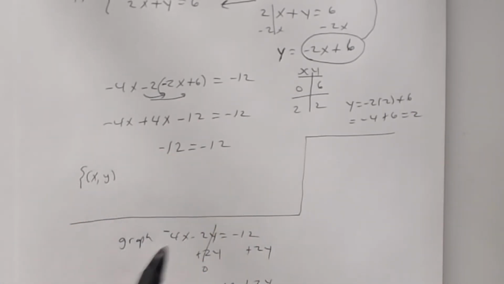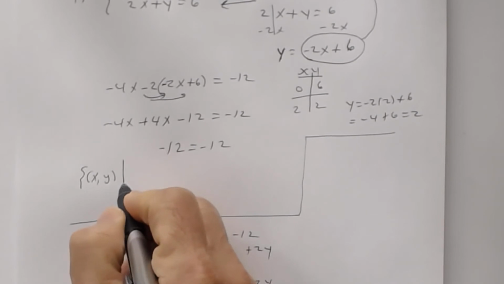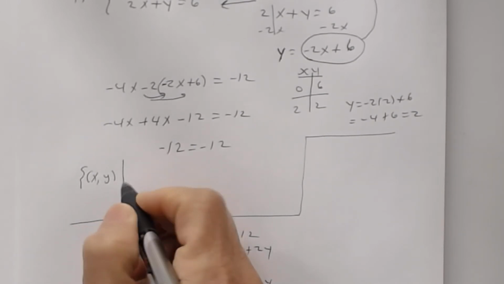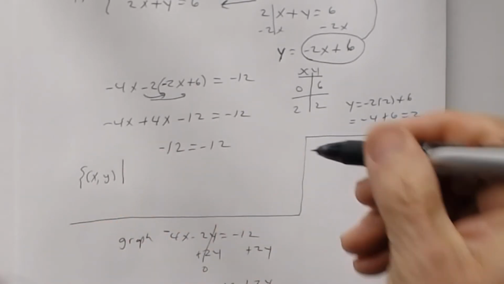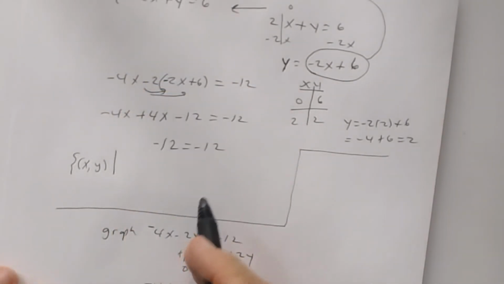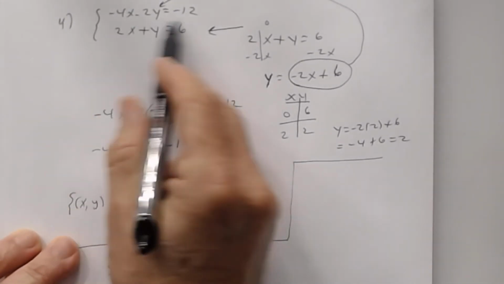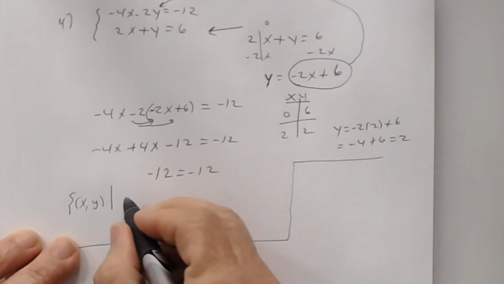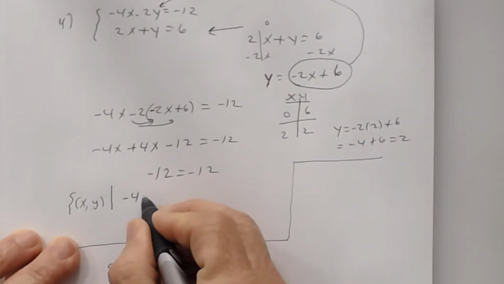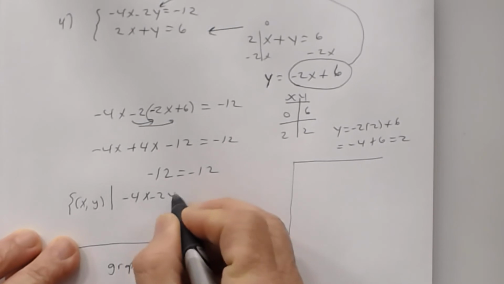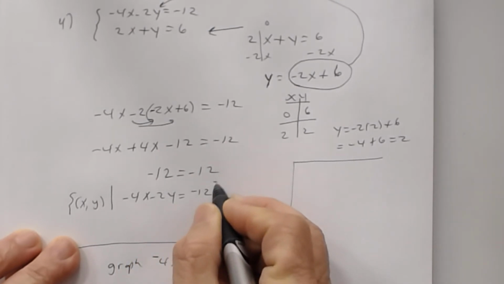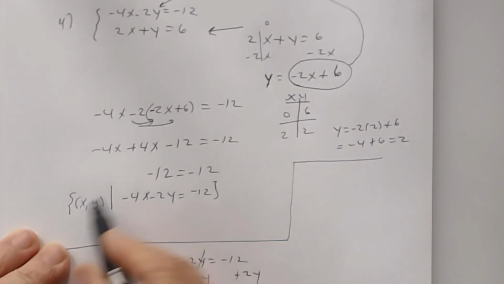So a set of ordered pairs x, y, such that, and then all you do is just rewrite one of those equations over, such that the ordered pair satisfies the equation, one of these equations, doesn't matter which one, such that negative 4x minus 2y equals negative 12. So that could be one of them.